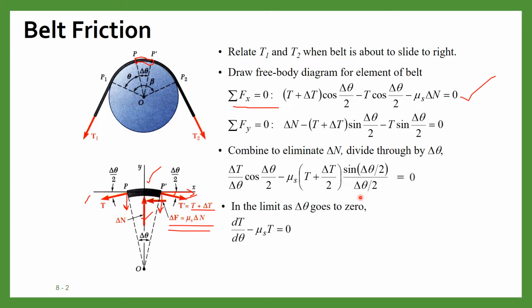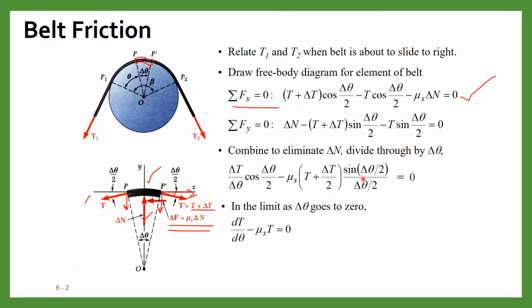Now if delta theta is very small, then the cosine term becomes 1 because cos 0 is 1. When delta theta approaches 0, this term becomes dT by d theta, and you can also neglect delta T because as delta theta approaches 0, delta T will also be negligible.